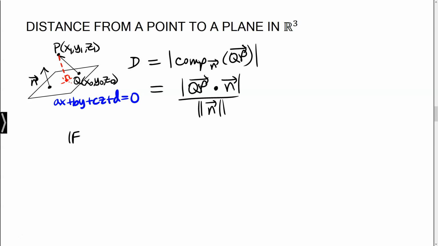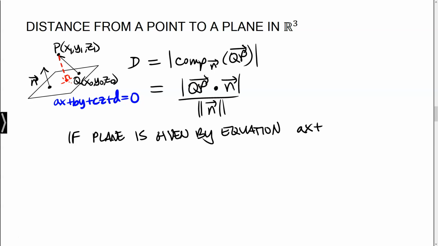What we're going to do is read off the normal from the coefficients, and then just plug in what we know about the components of QP, and everything's going to kind of fall out. So if the plane is given by the equation ax plus by plus cz plus d is equal to 0, then the normal, again, we just read that off here: a, b, c.